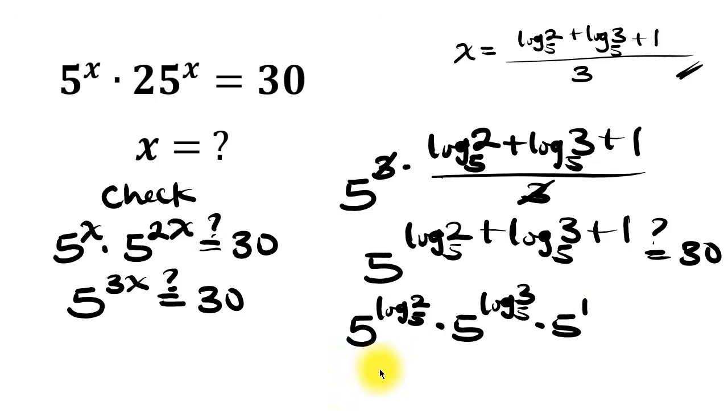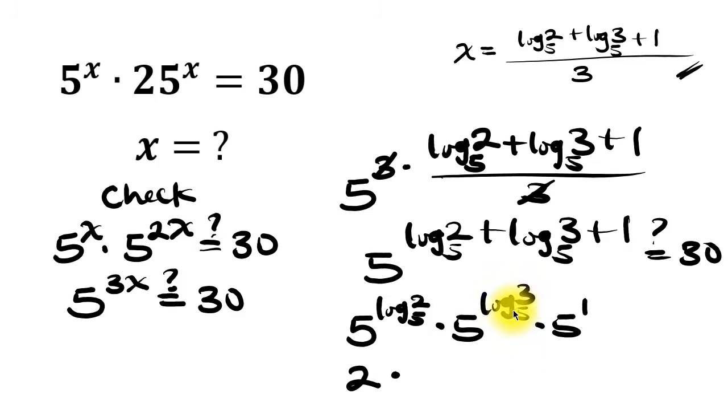Good. Now lastly, the property of indices that says that when we have a log as an exponent like this, we look at the base here. If the base here and the base here are the same, we take the number. The number of the log is 2, so we'll take 2 times the same thing here.